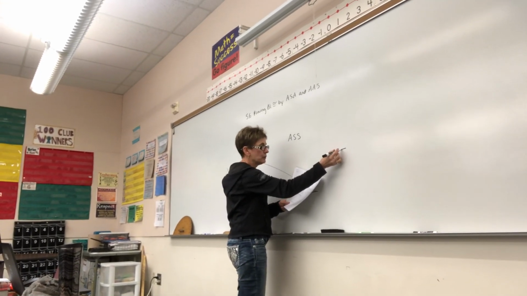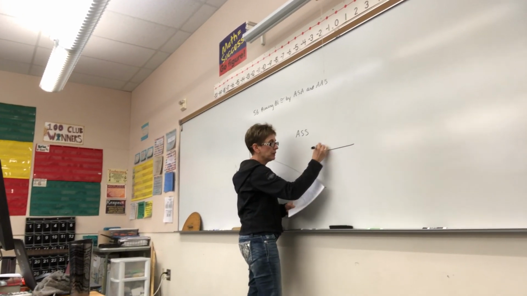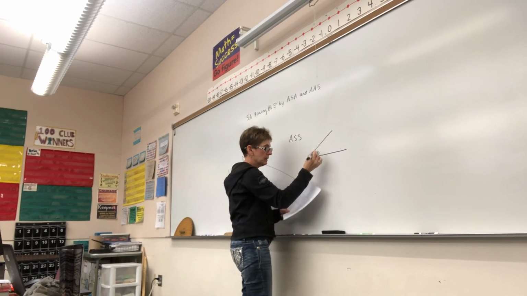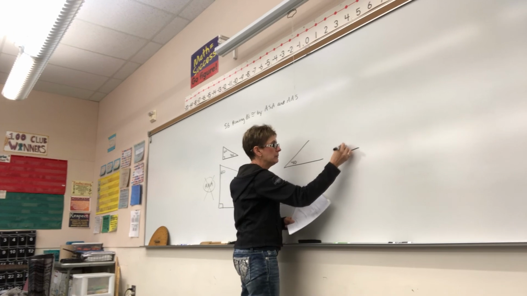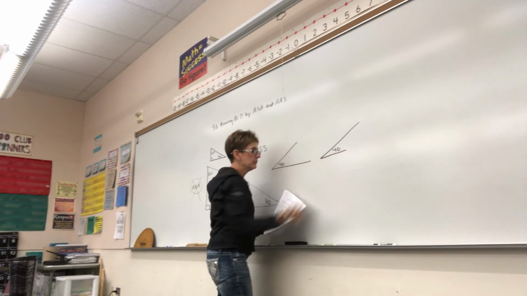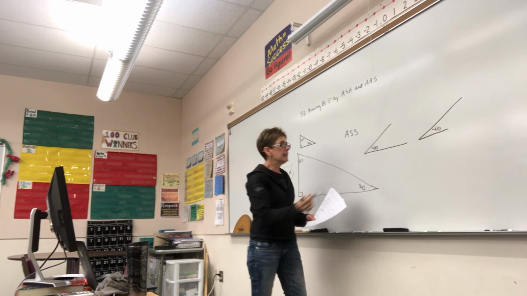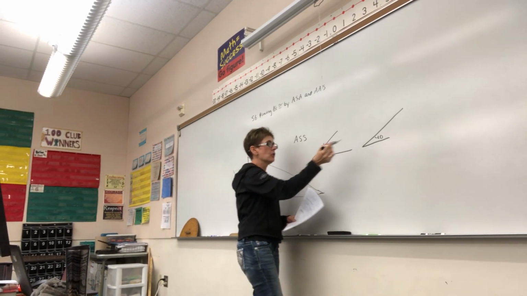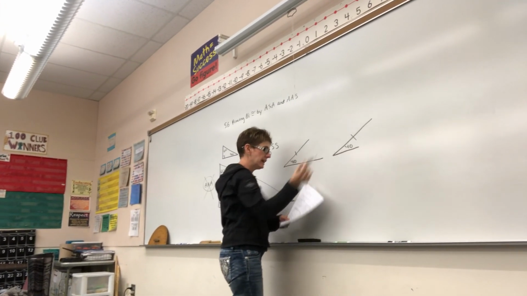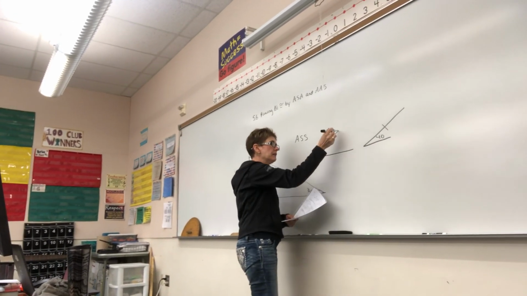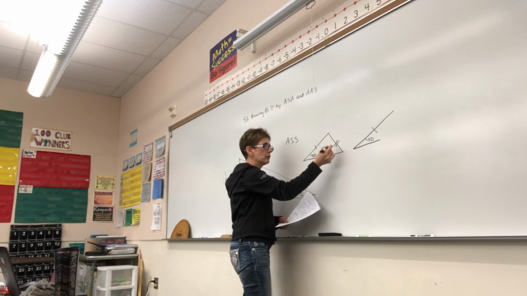Let's say in your first triangle, you have a 40-degree angle here. And in the second triangle, you also have that same 40-degree angle. And let's say that the next side is also congruent. So now you've got angle, side, and let's say the last sides are also congruent.